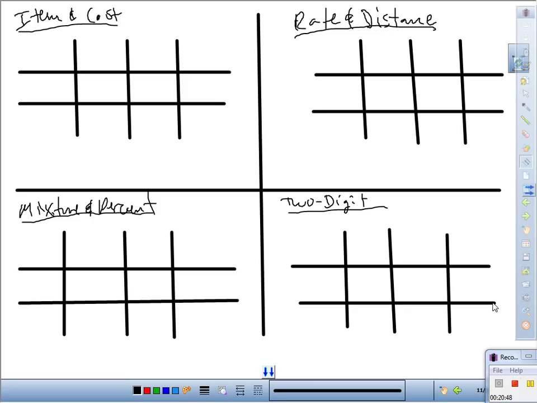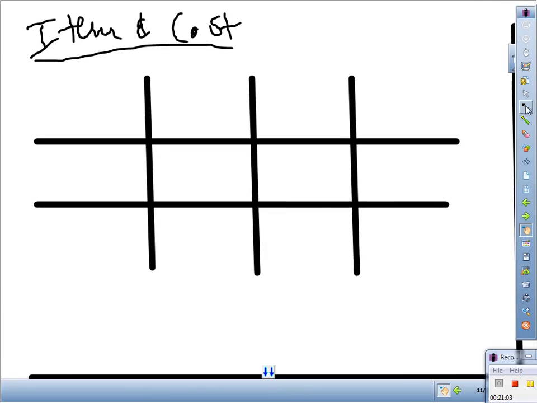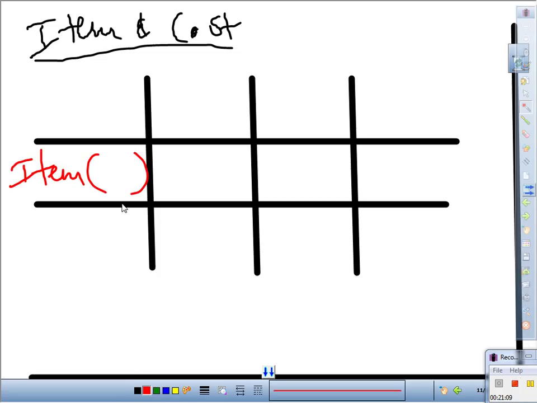All right. That doesn't change for all of them, right? So let's go with item and cost. I'm going to zoom in. What doesn't change from all the item and cost setups? Well, item, parentheses. Cost.